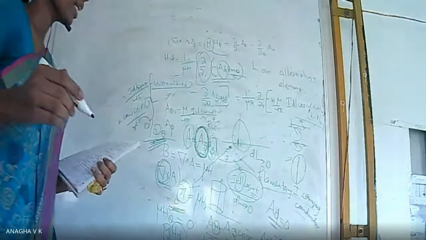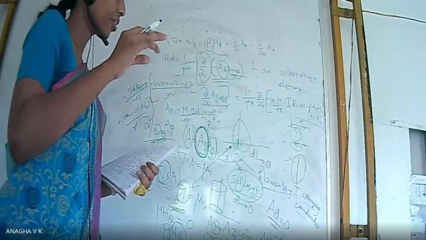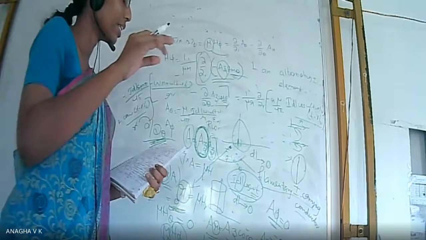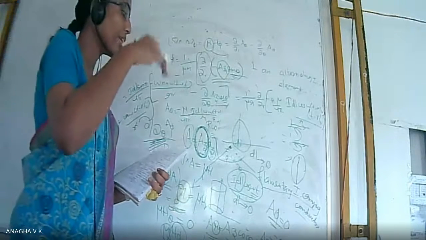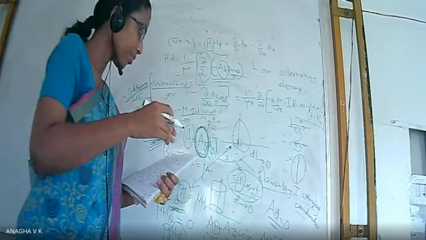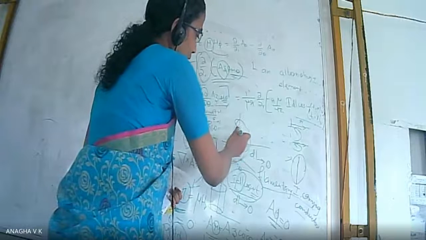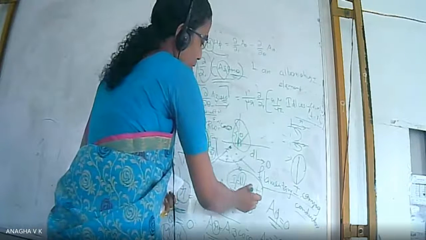Idl in the sense, DL is the length of the conductor and I is the current flowing through it. I cos omega t in the Z direction, or in the upward direction. This is cos, no? This is theta. So this is cos theta. So theta is replaced by omega t.